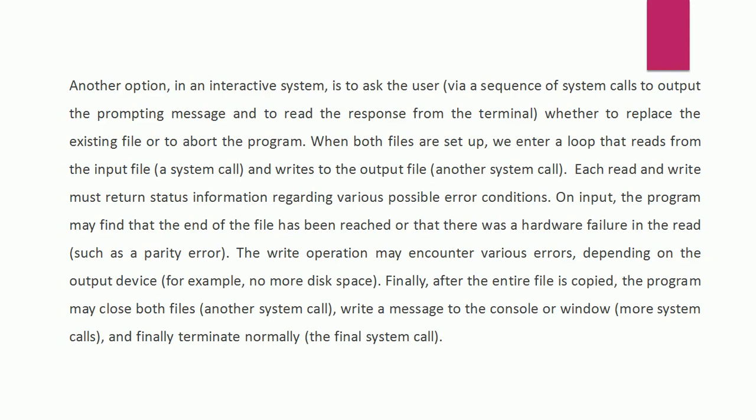When both files are set up, we enter a loop that reads from the input file with the help of a system call and writes to the output file with another system call. Each read and write must return status information regarding various possible error conditions.